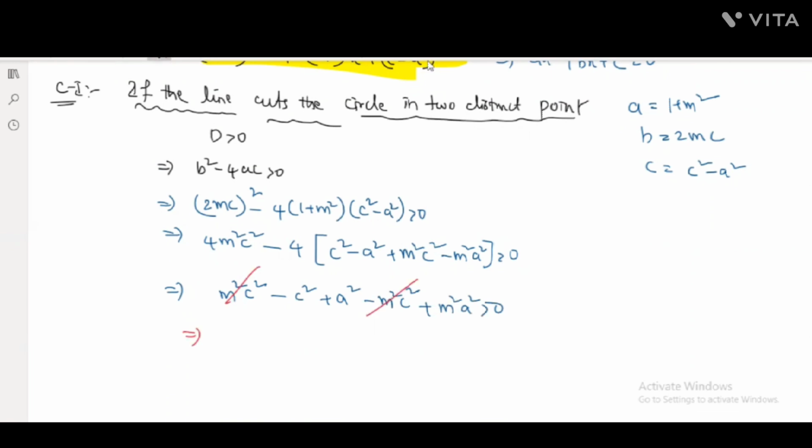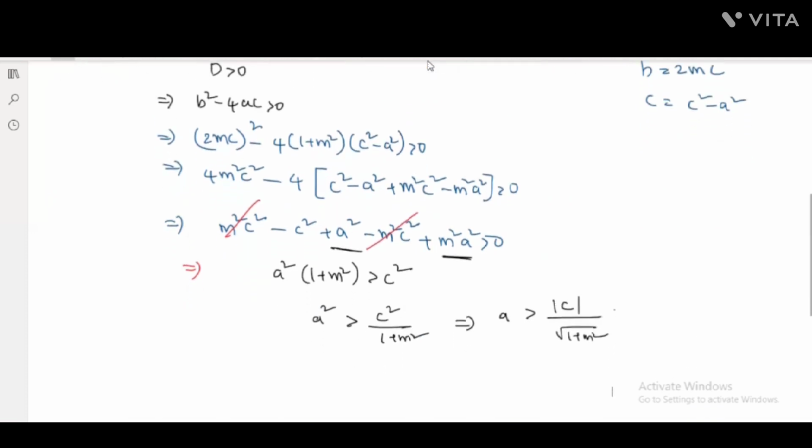The remaining is a square common from these two terms, so a square into 1 plus m square is greater than c square. From here I can write a square is greater than c square by 1 plus m square. If I simplify a little more, a is greater than modulus of c by root over 1 plus m square.